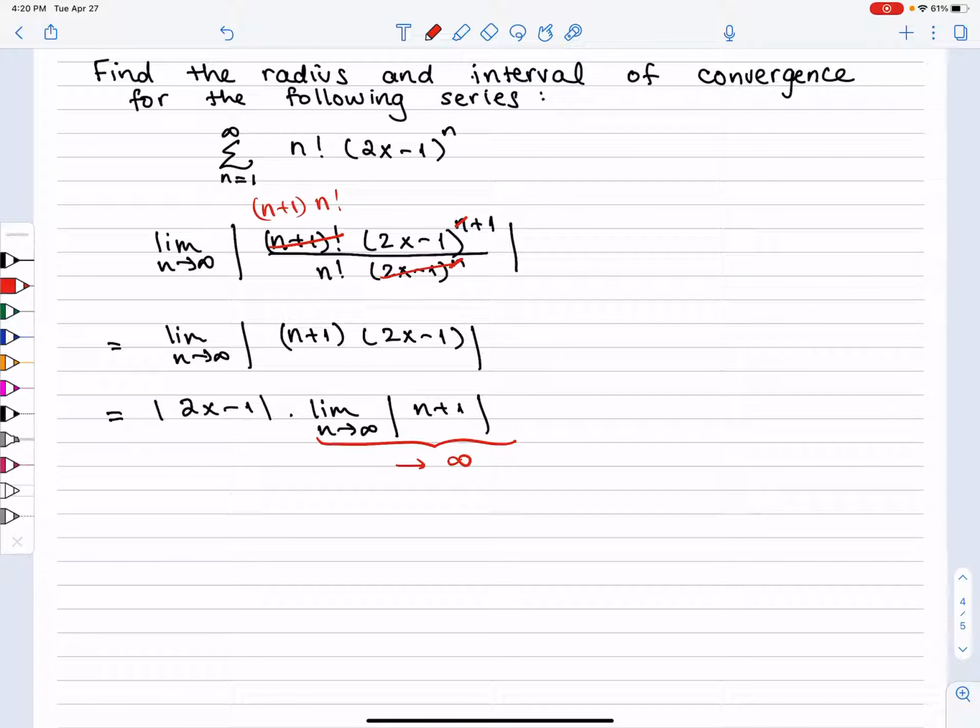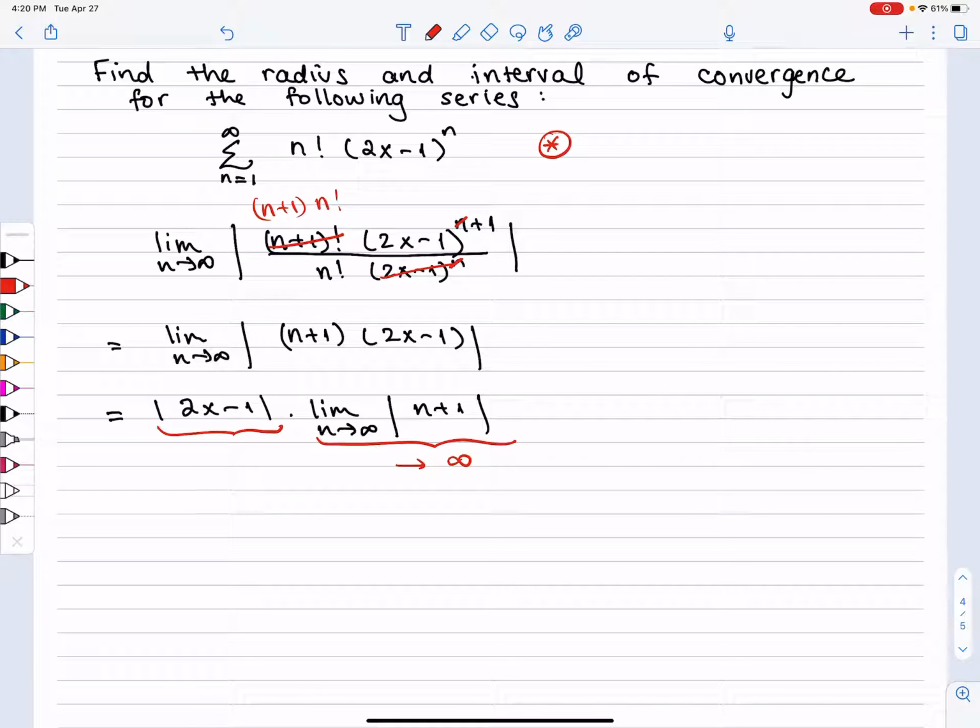So it doesn't matter what your x is, that limit will always go towards infinity. So because that limit will always go to infinity, we can say that this series will only converge at the center. So the radius of convergence is 0.